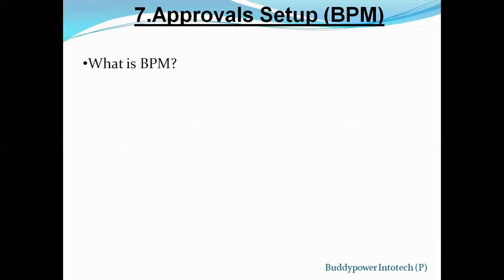In Oracle, business process management is a member of the Oracle Business Process Management Suite, which is a complete set of tools for creating, executing, and optimizing business processes. Basically, this is a management where you improve the efficiency of business processes. Oracle BPM Worklist enables business users to access and act on tasks assigned to them.